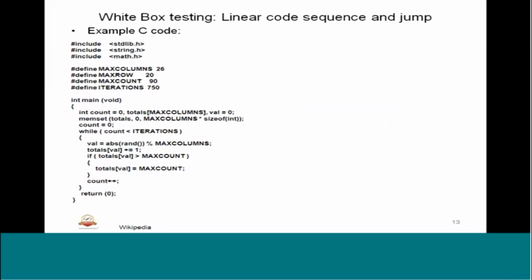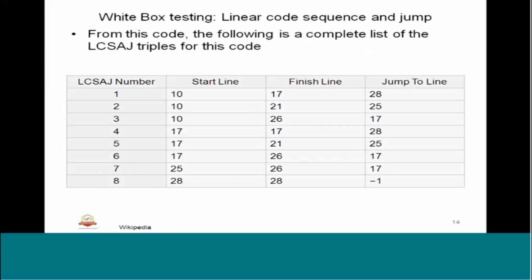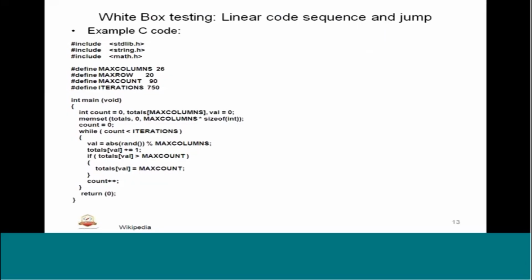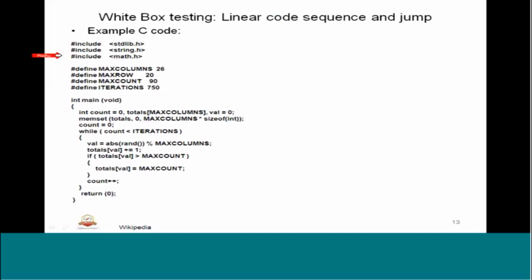Okay. So here you see an example of C code for white box testing of LCSAJ. This is an example from Wikipedia, I just use it here. We have a C code having a library included here. This is the library.